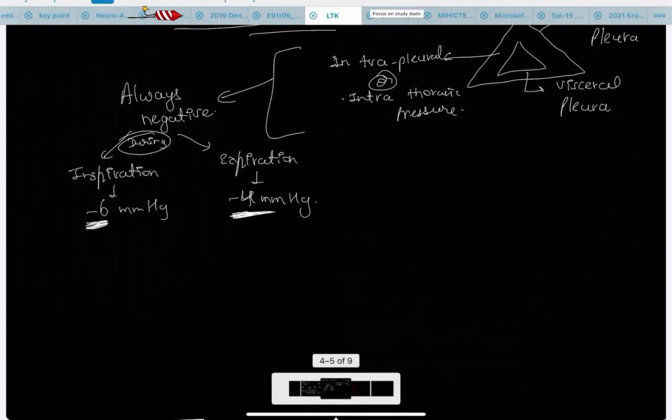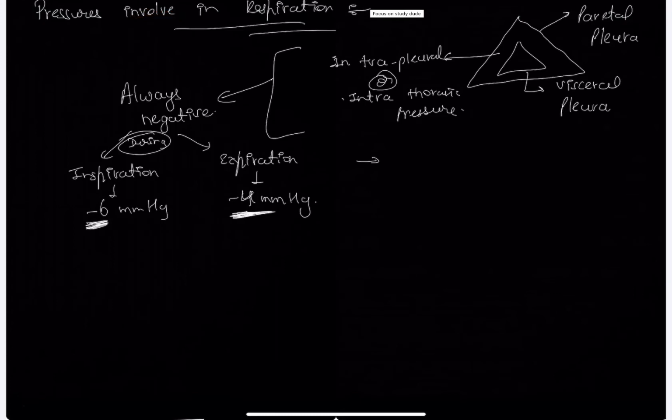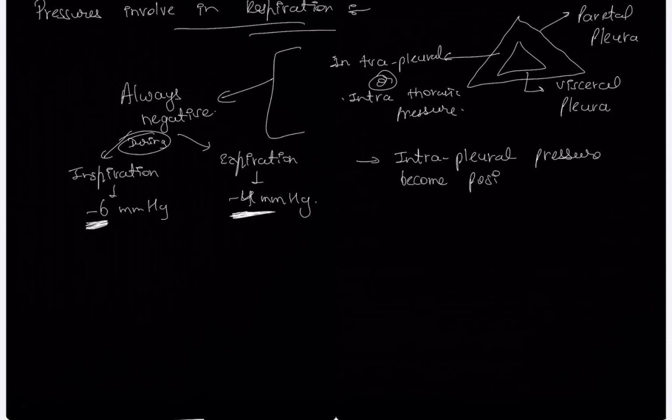Okay, I will tell you some conditions. These are pathological conditions when intrapleural pressure becomes positive. Number 1, hydrothorax, water in the thoracic cavity.